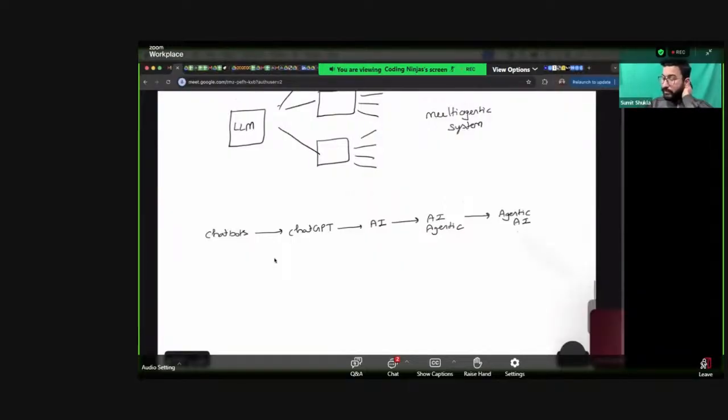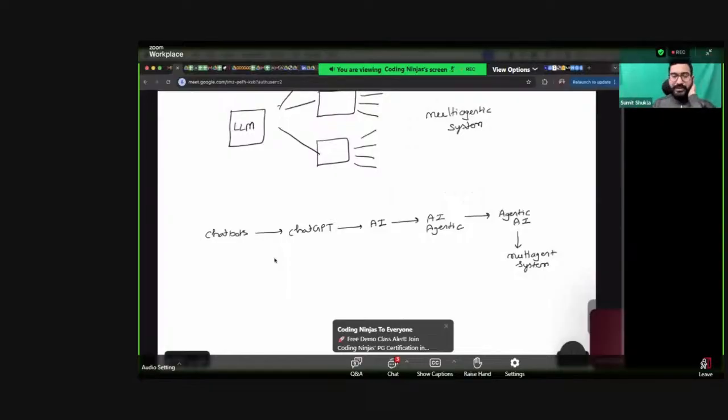Now, if you connect multiple agentic AI, we have multi-agent systems. So I hope you are able to understand how the entire industry has progressed and evolved.